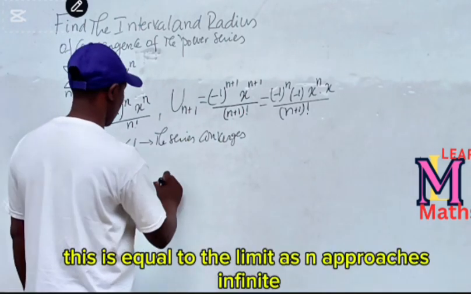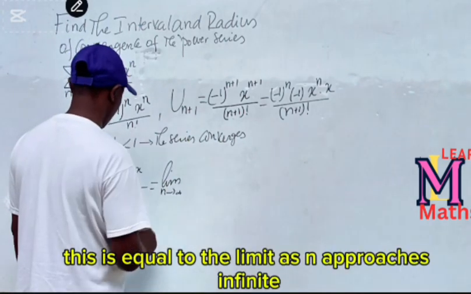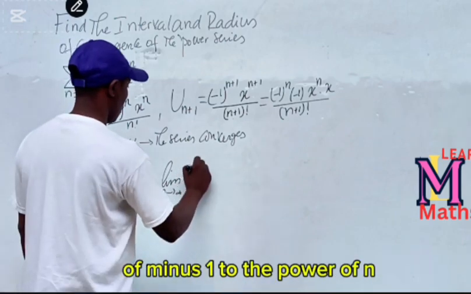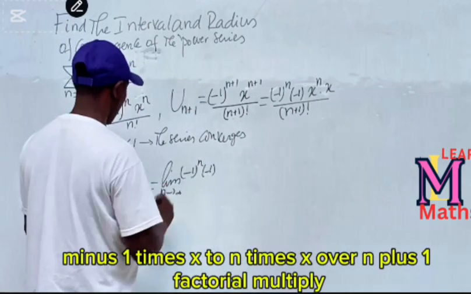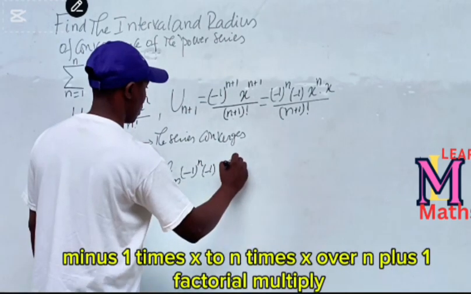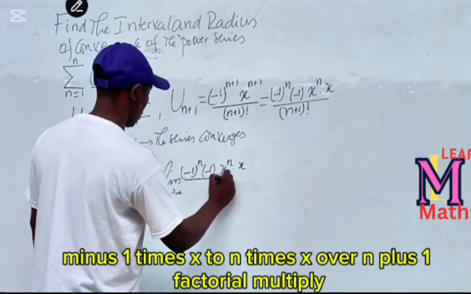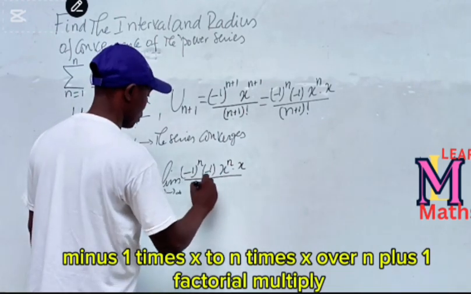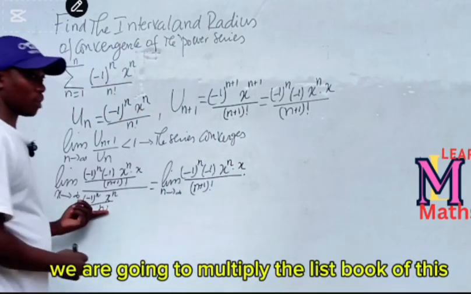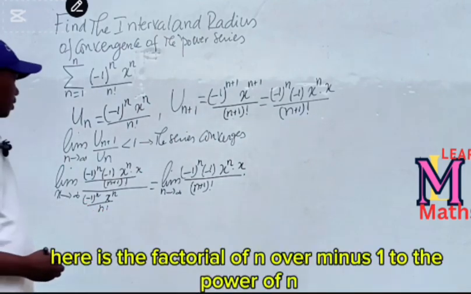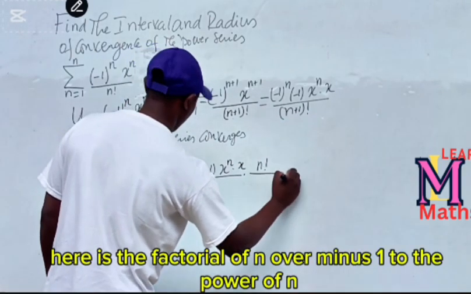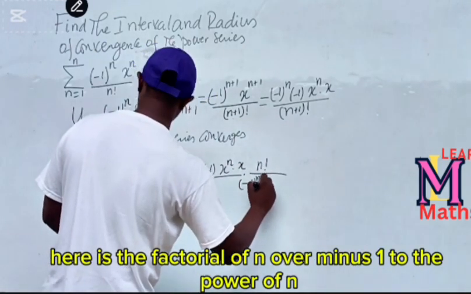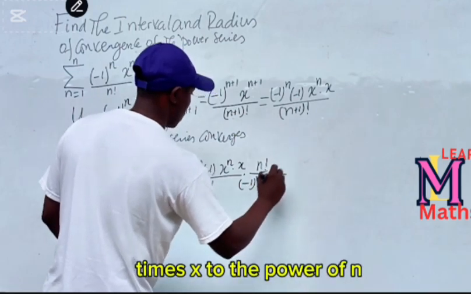This is equal to the limit as n approaches infinity of (-1)^n times (-1) times x^n times x over (n+1) factorial. We are going to multiply by the reciprocal of this, here the factorial of n over (-1)^n times x^n.